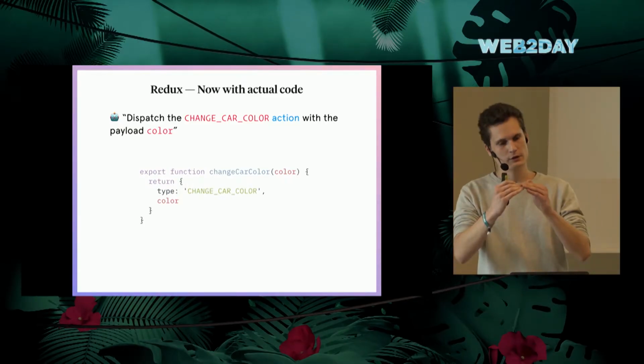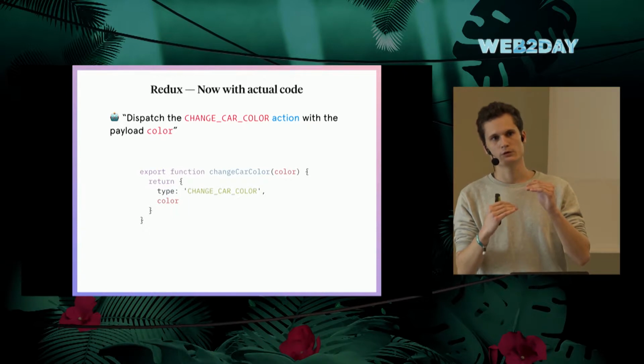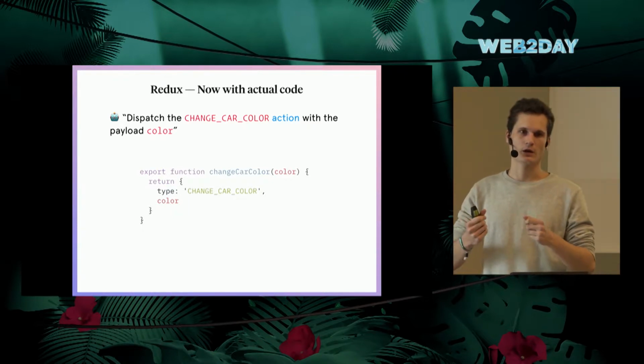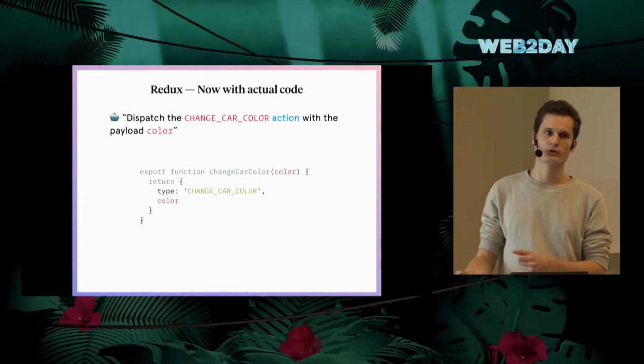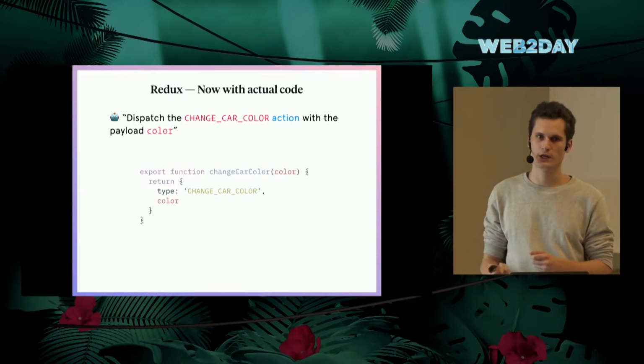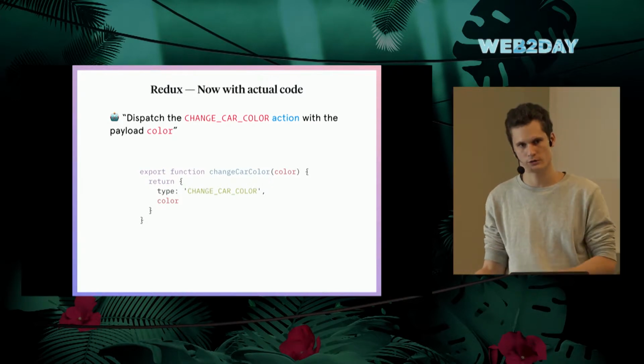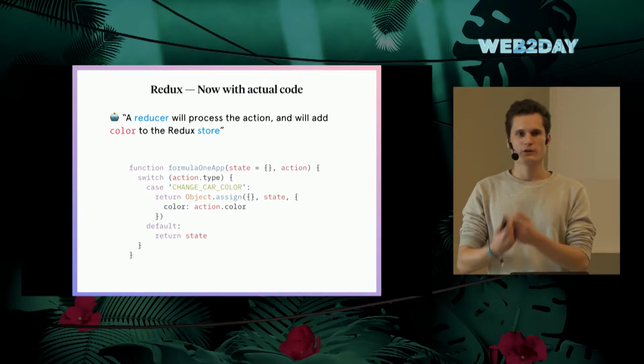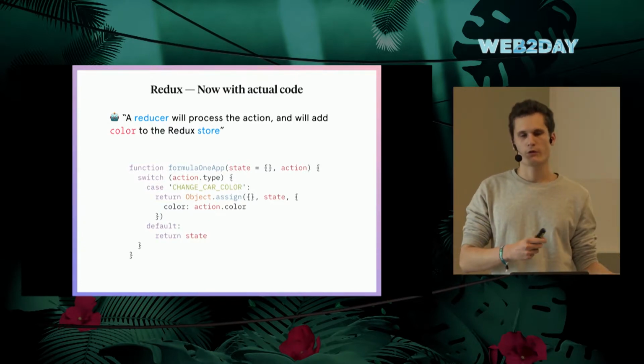And then the other key is the payload. What information do I need to actually act on the action? If I want to change the color, the information I need is the new color I want to change the car to. This action, when it is dispatched, goes, as we saw, through a reducer.